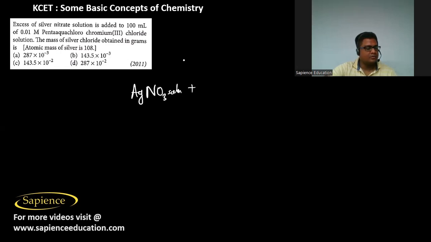Penta aqua chromium chloride, which has a formula like this: Cr(H2O)5Cl, then chloride, it will be Cl2.